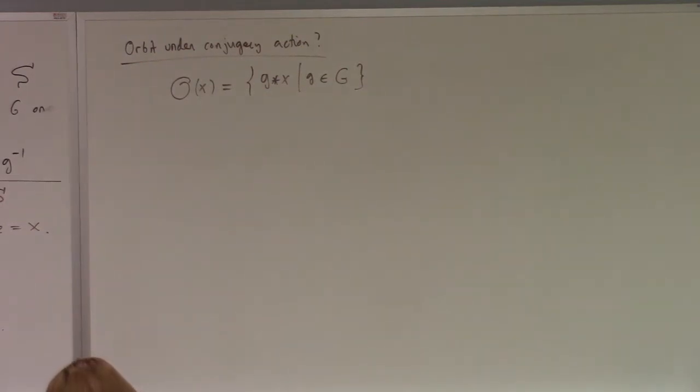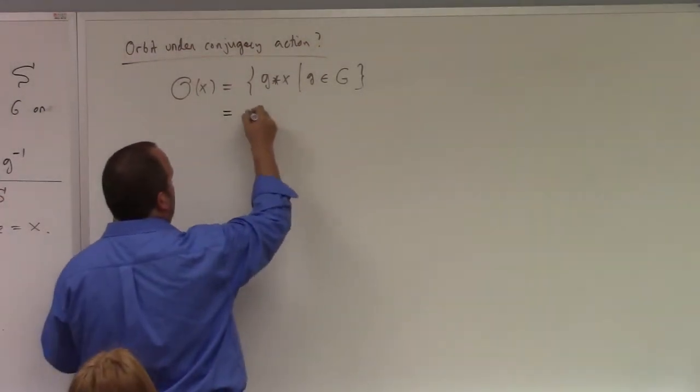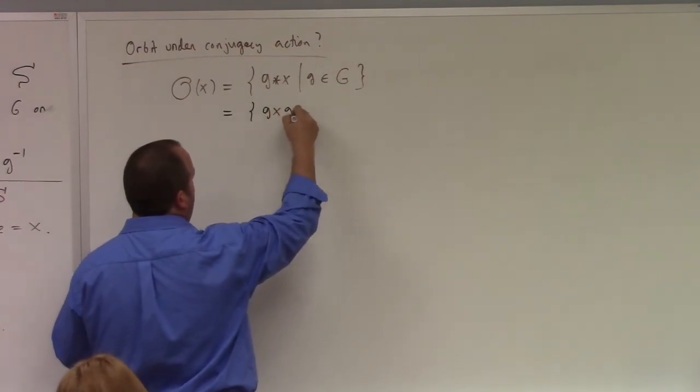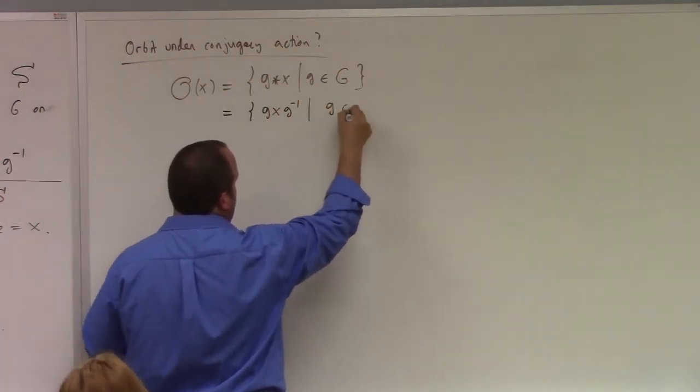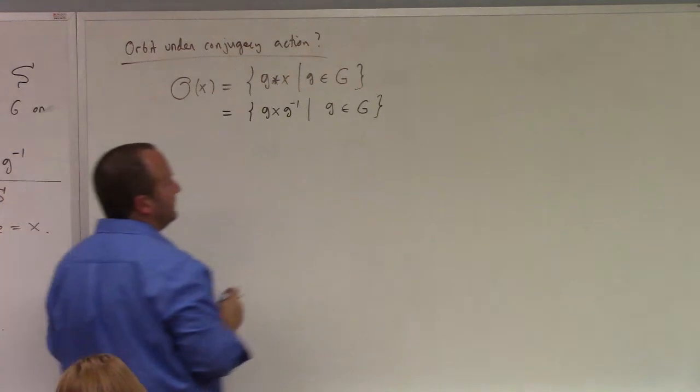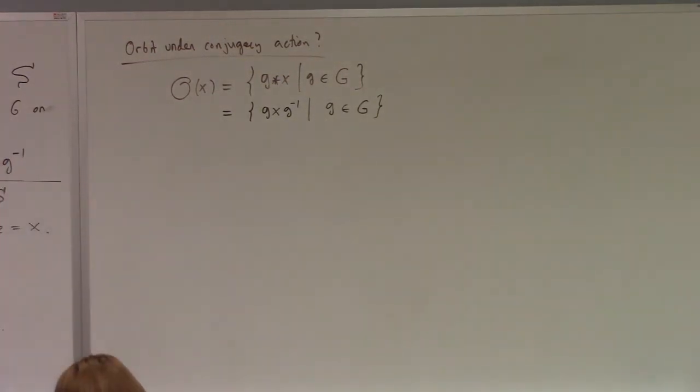But what is that? Here, by definition, this is GxG inverse, such that G is in G, right? So the orbit is in fact the set of possible conjugates, right?